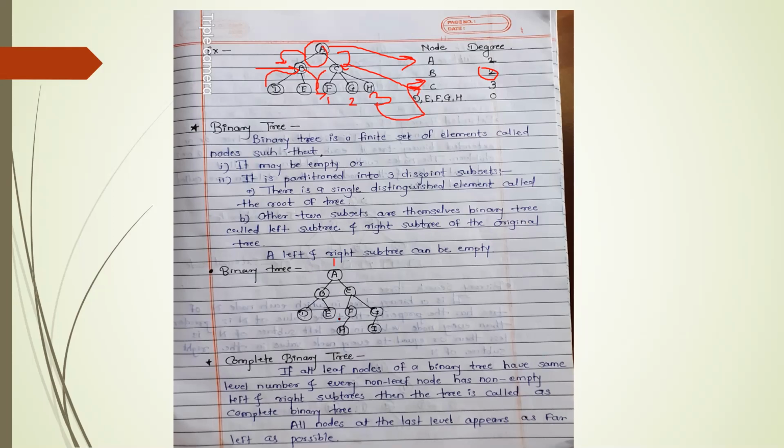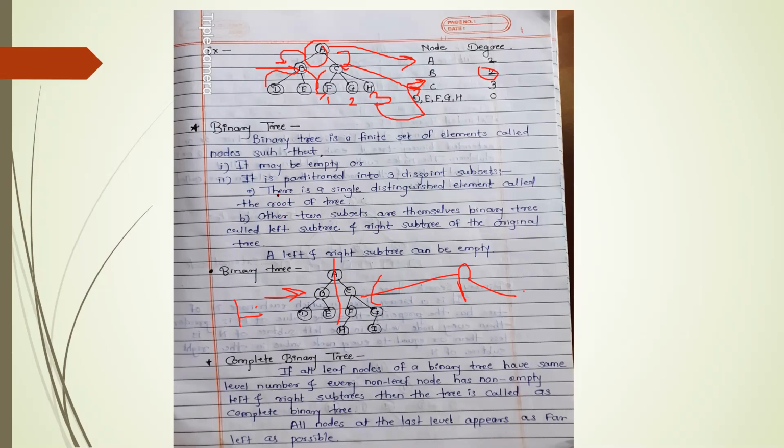In the figure, here is the left subtree and here is the right subtree. Left and right subtrees can be empty in binary trees. It may have empty nodes or it may be partitioned into 3 subsets.